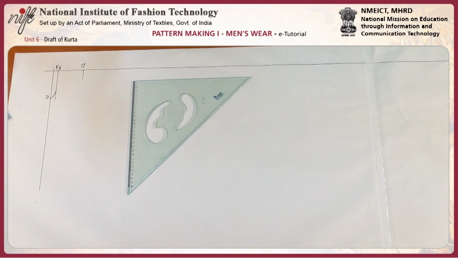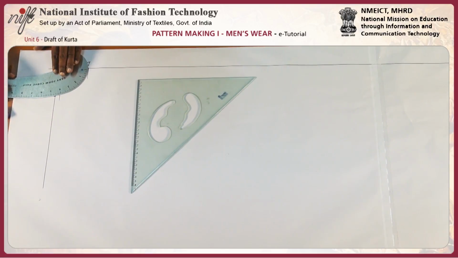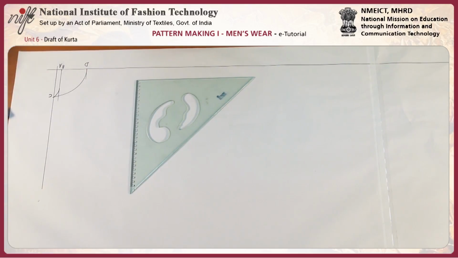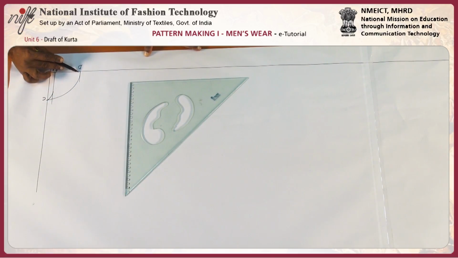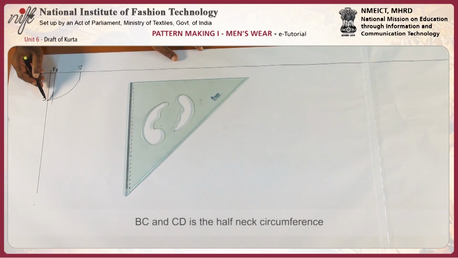You can also notice the way I am placing the French curve. Now BC, CD is the back neck circumference, then the front neck circumference.